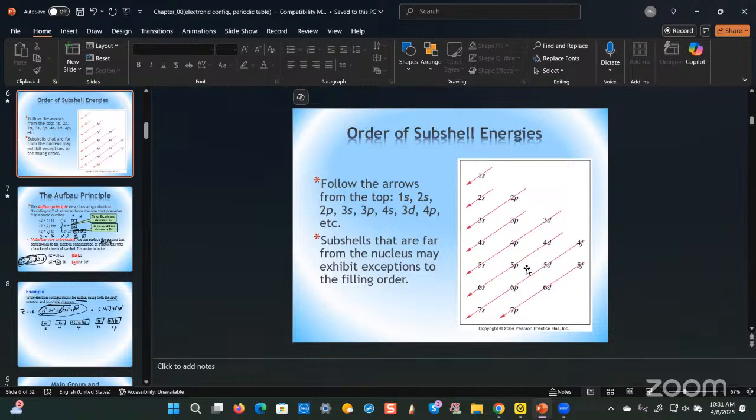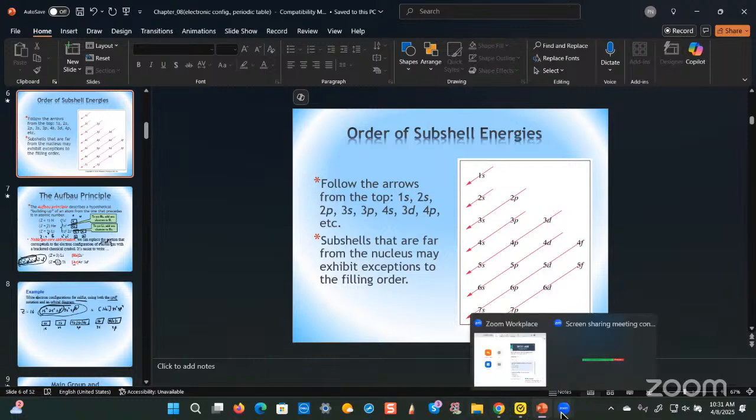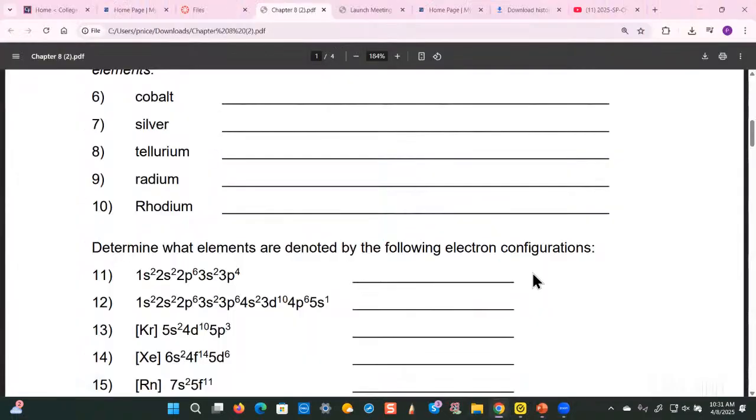So the answer is krypton in square parentheses, which is 36, which goes up to here, right?